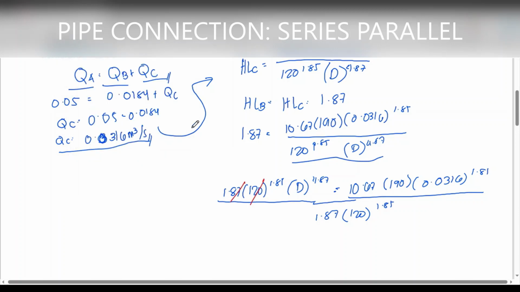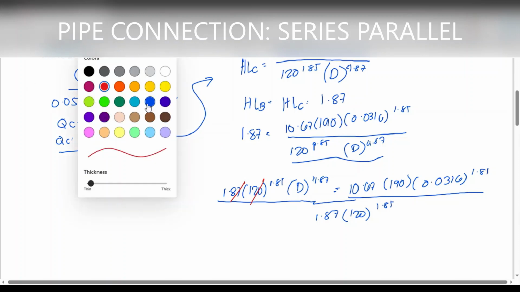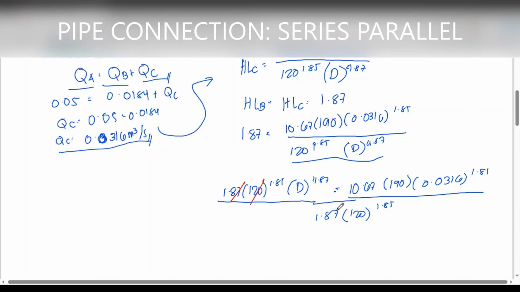So we'll be left with d raised to 4.87 is equal to 10.67 times 190 times 0.0316 raised to 1.85 all over 1.87 times 120 raised to 1.85.